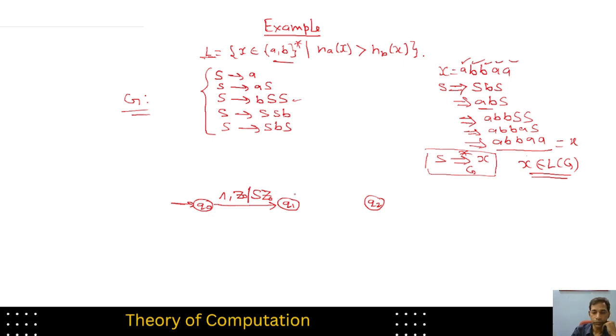Now you are at the Q1 and the top of the stack is a non-terminal, so we have to replace this non-terminal with the production rule. So here you can see that there are 5 production rules.